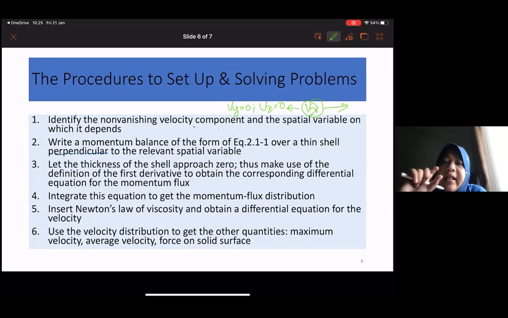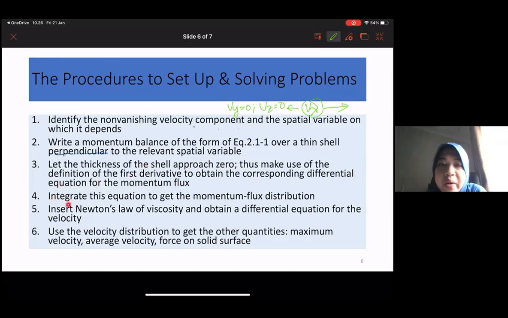If the delta of the thickness approaches 0, then we can take the limit. The limit of delta x, for example, equal to 0 would be a differential. So then we will have a differential equation for the momentum flux.